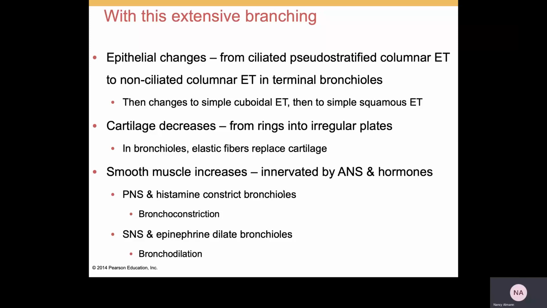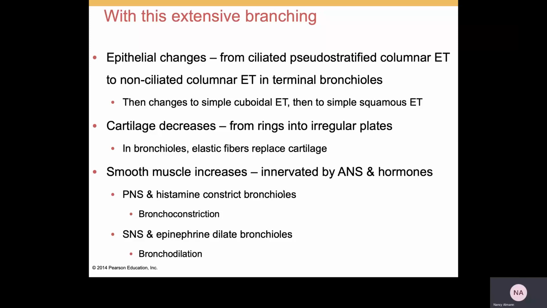Now, with the extensive branching, this is where we start to talk about what happens. There are going to be epithelial changes from ciliated pseudostratified columnar epithelium to non-ciliated columnar epithelium in the terminal bronchioles, then down to simple cuboidal epithelium, and then, once you're in the alveoli, simple squamous epithelium.